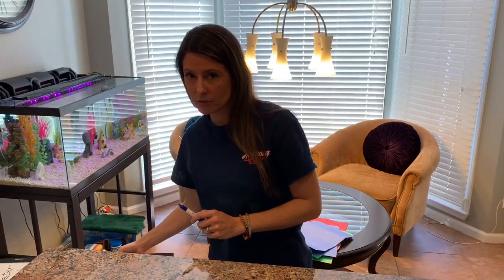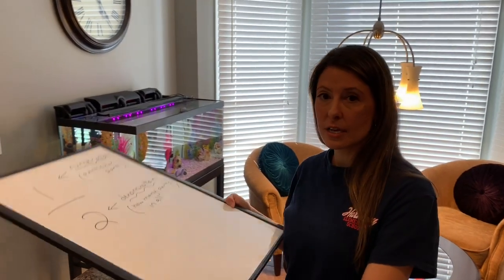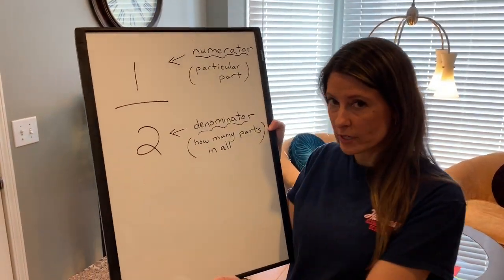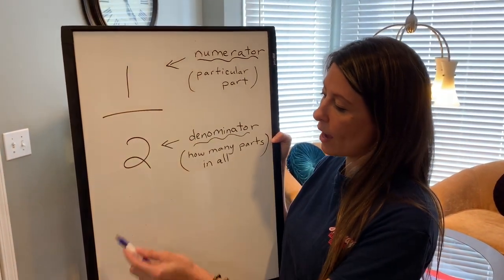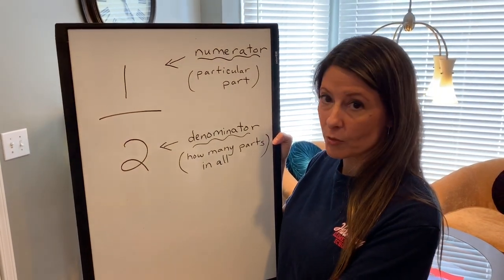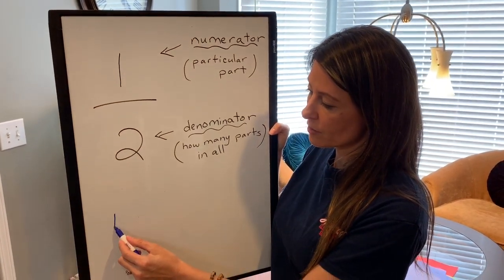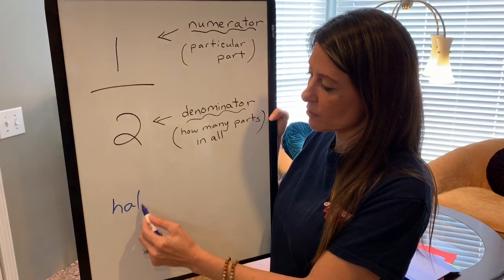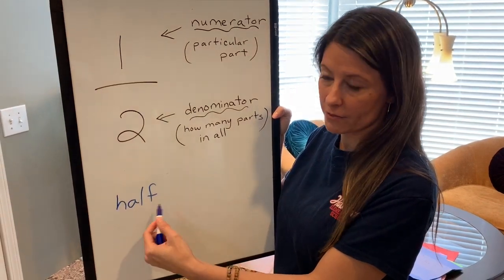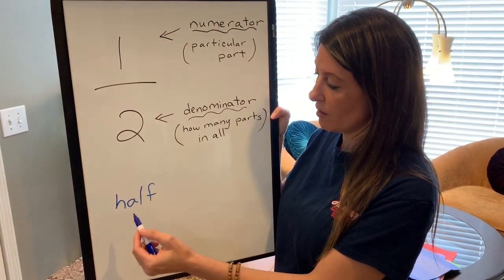One thing I realized that I didn't show you while I was going over the different parts of the circle and the rectangle is how those words are written, how to spell them. If you have something that's divided into a half, the way that word looks when it's written is half, H-A-L-F, half.